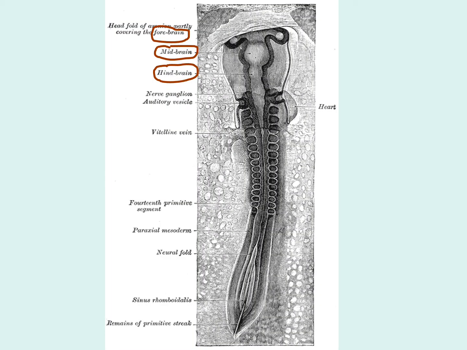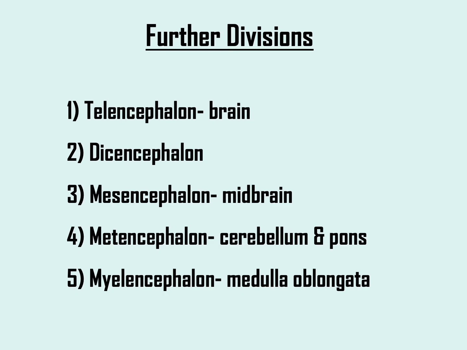All right, here's a picture of the forebrain, the midbrain, and the hindbrain. All right, now as I said, they divide and then they divide again and then they divide again. So I want you to know further divisions that the telencephalon will eventually be the cerebrum.